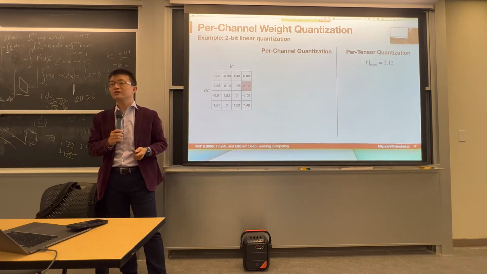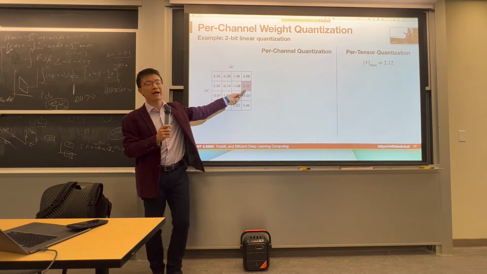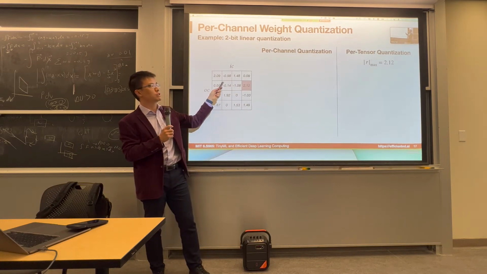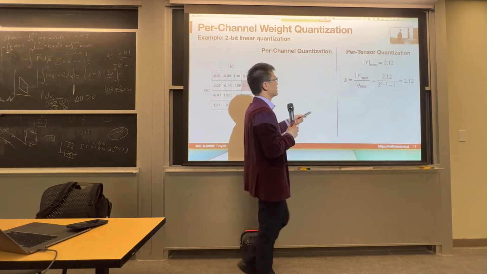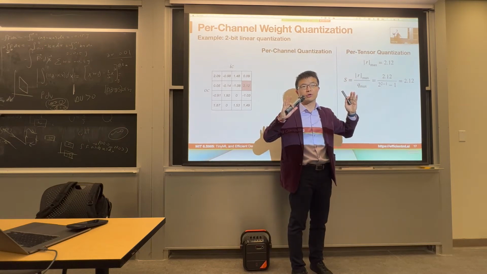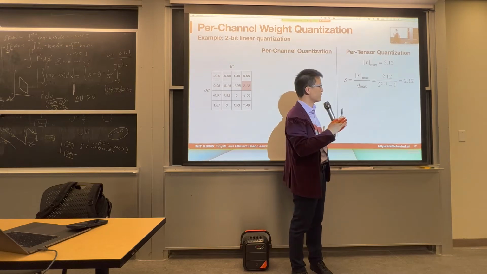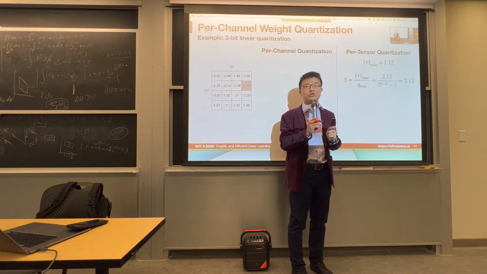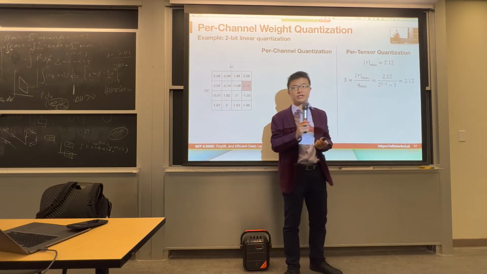With per tensor quantization, we first have this R max, which is the largest value in this matrix, 2.12. And then we can calculate the scaling factor according to our equation, the max of the floating point range divided by the max of the integer range. Since we have only 2 bits, the integer range is -2, -1, 0, and 1. So this Q max is 1, and the scaling factor is 2.12.